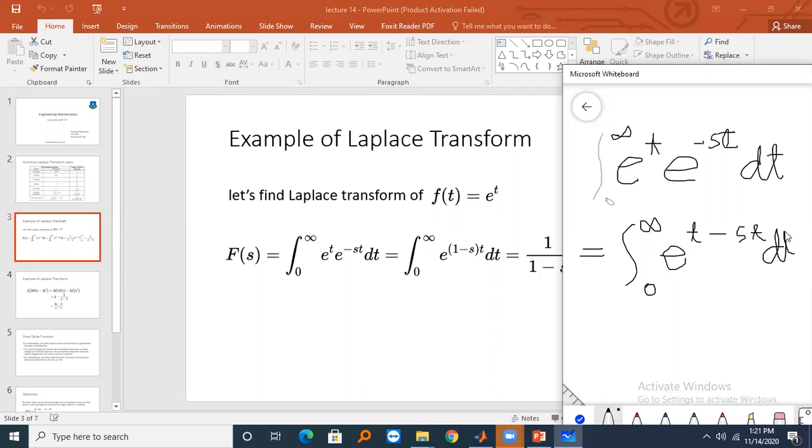Okay, now what will we do? We will just take t common. After taking t common, it will be 1 minus s.